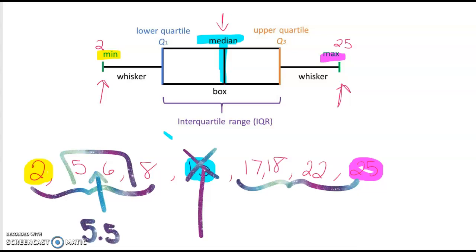Hopefully you guys can see that that's 5.5. That number right there is my lower quartile. So it's basically the median of the bottom and the median of the top. So 5.5 is my lower quartile. And up here, what's in the middle of the 18 and 22? 20. So that is my upper quartile.